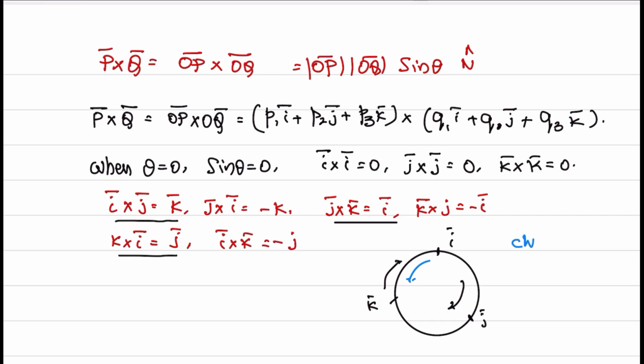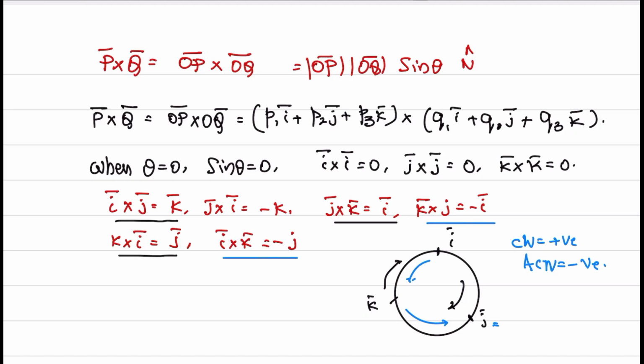Clockwise, positive; anti-clockwise, negative. If something moves from i to k, then there is a negative value, and the result is the third one, the remaining one. Then something from k to j is also in the anti-clockwise direction, so it is minus, a minus sign.